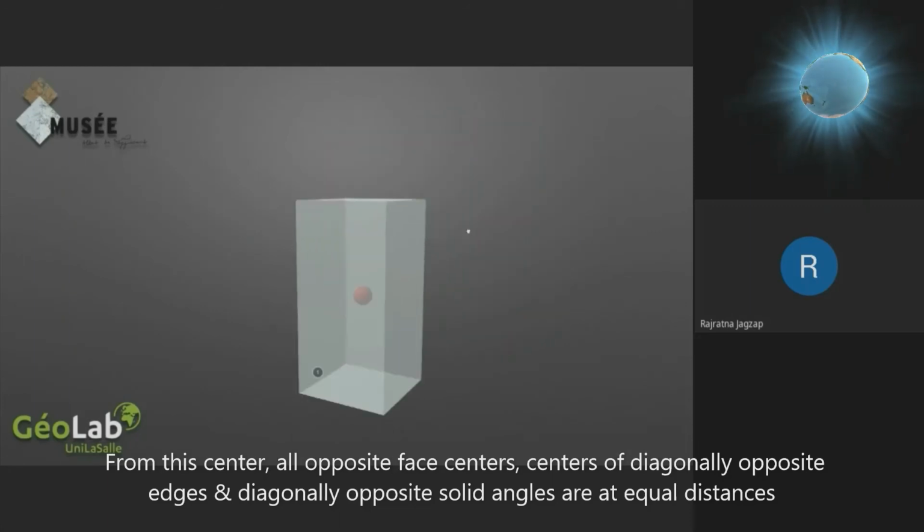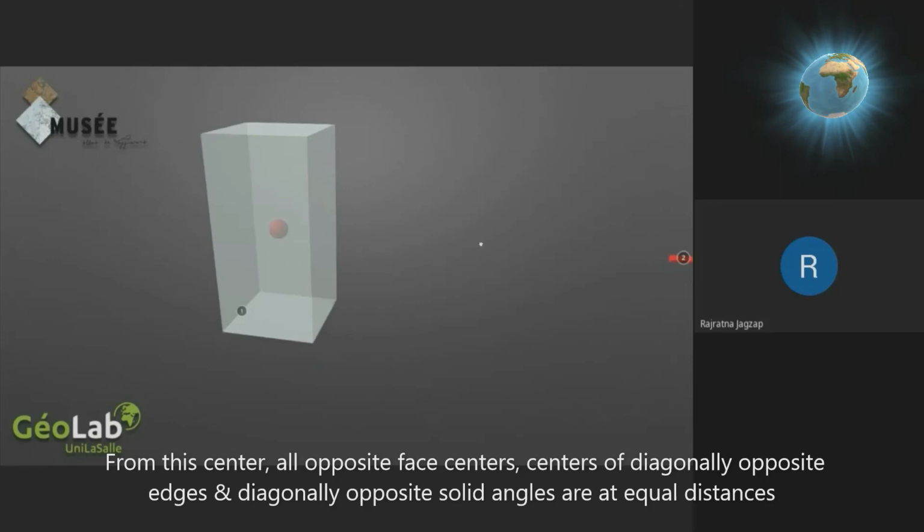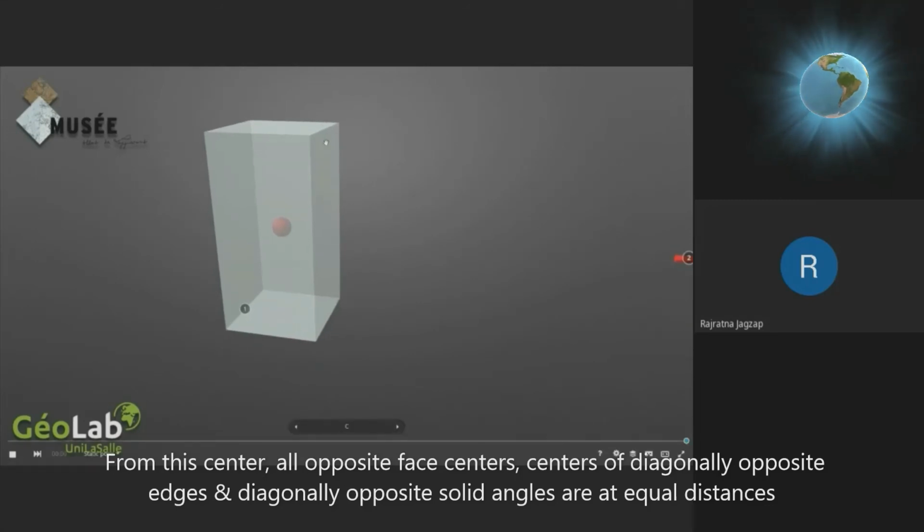Diagonally opposite solid angles, like this. This is one solid angle. The diagonally opposite solid angle to this is this. Back side down, front side top. These are diagonally opposite solid angles. The distances of diagonally opposite solid angles from the imaginary center are the same.